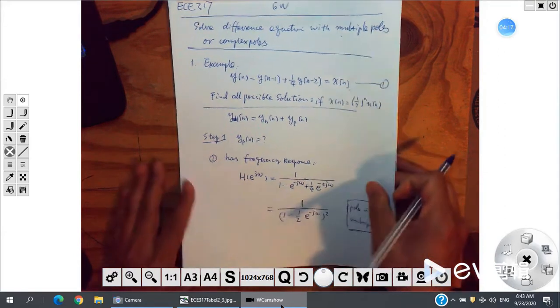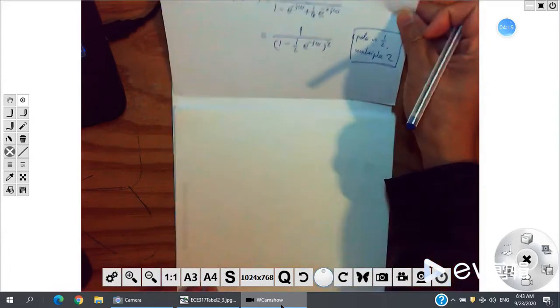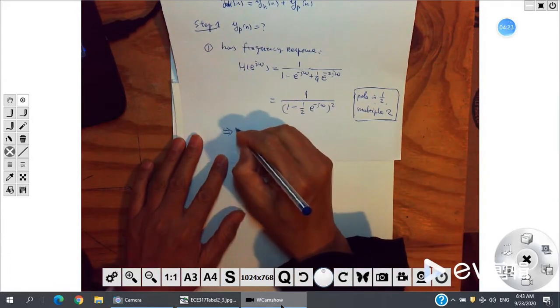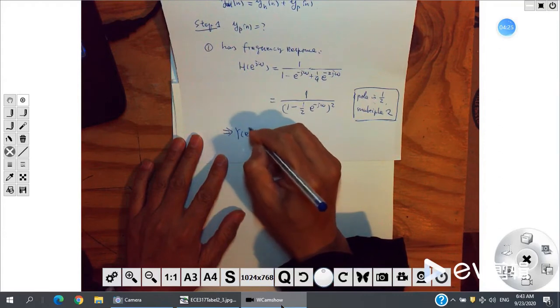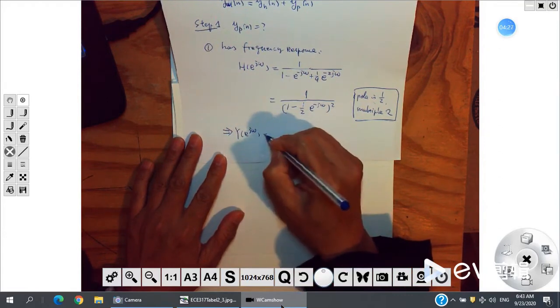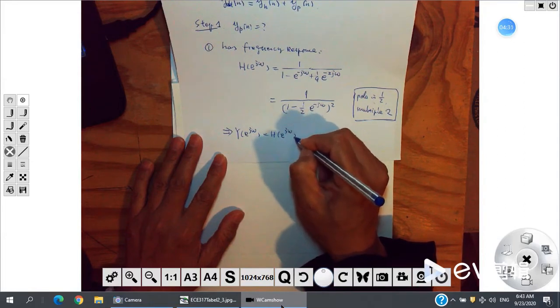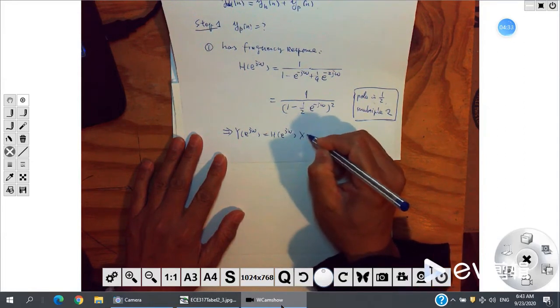Okay, then what is the output? The output in the frequency domain will be the frequency response times the input in the frequency domain.